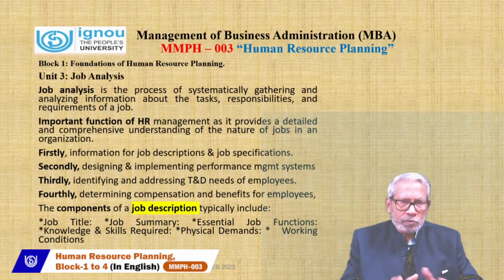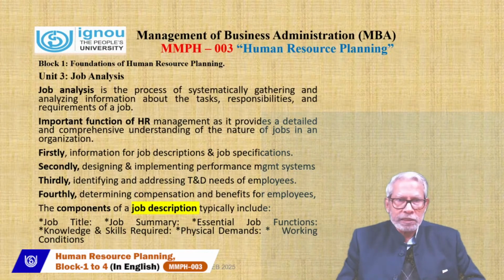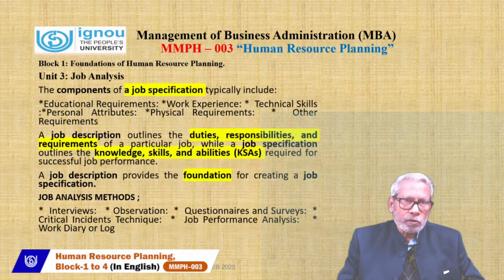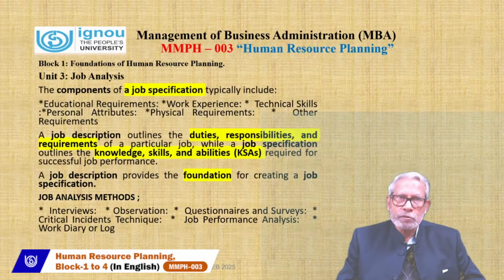So the components of the job description typically are the job title, job summary, essential job functions, knowledge and skills required, physical demands, and working conditions. These are all the listed things that should be within the job description. Then the specifications. Now, job specification, what are the components?